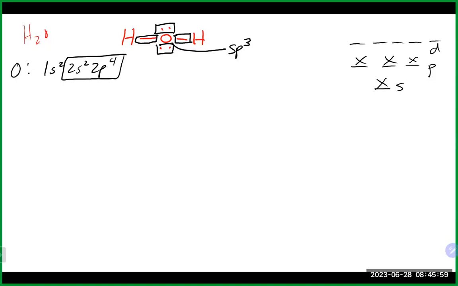So if we were to draw our little diagram of where all of our electrons are headed for the oxygen here, we would again have our 2s, we would have our 2p, and it would look something like this to begin with.